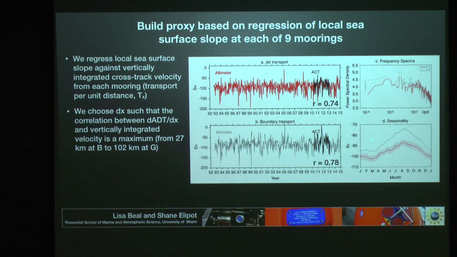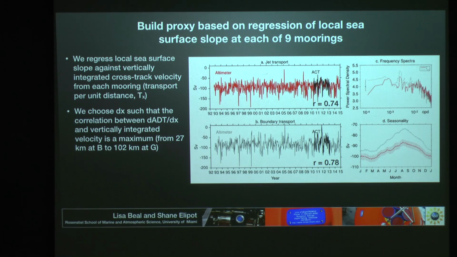And that annual peak, the seasonality in transport looks like this. Here's the jet, and here's the T-box, and here's T-jet. So they have exactly the same seasonality, whereby the current is strongest in austral summer and weakest in austral winter. But T-jet has half the amplitude of T-box.